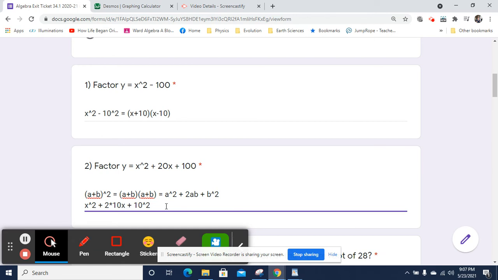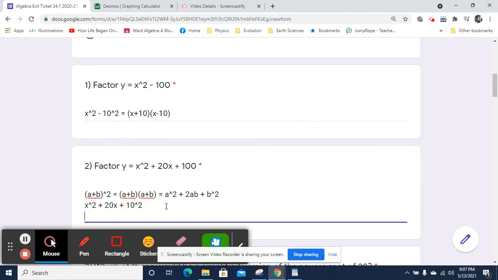So in fact, when I factor this, I'll have x plus 10 times x plus 10, which I can write as x plus 10 times x plus 10.